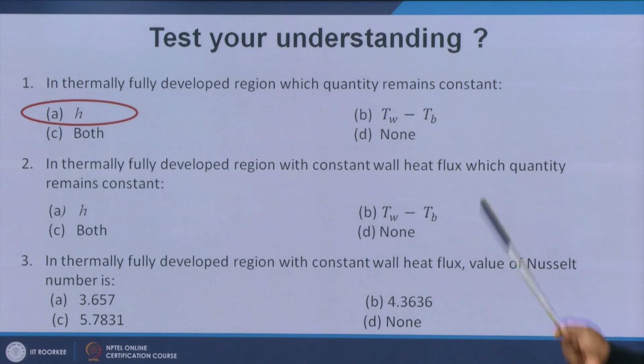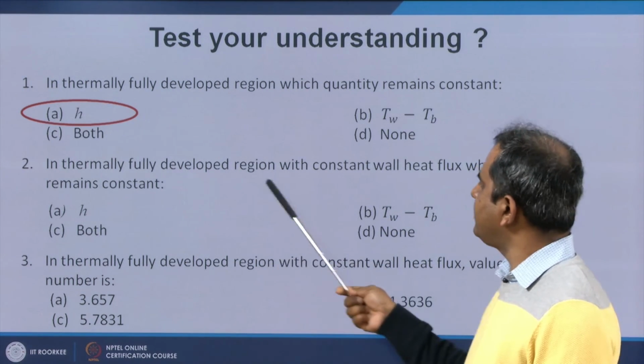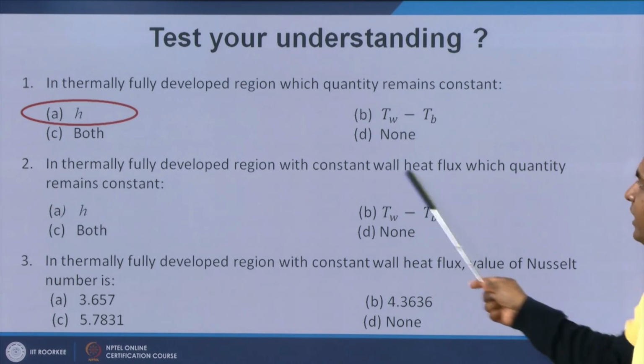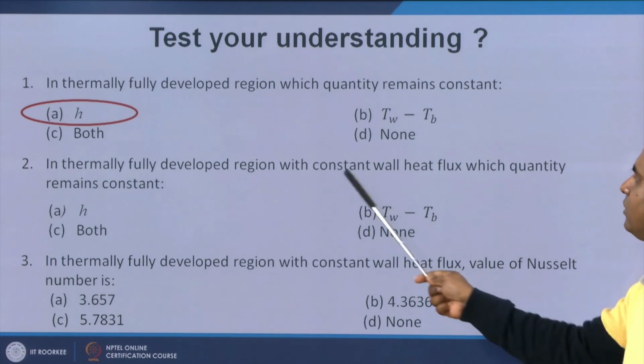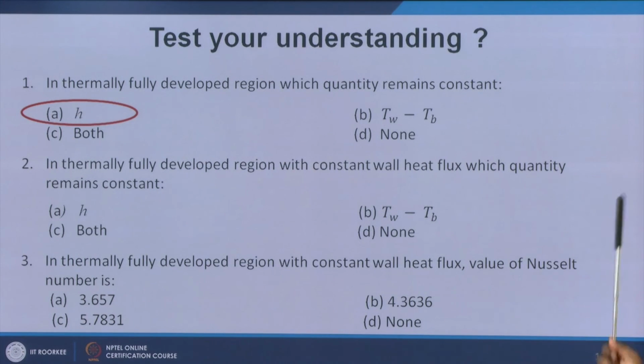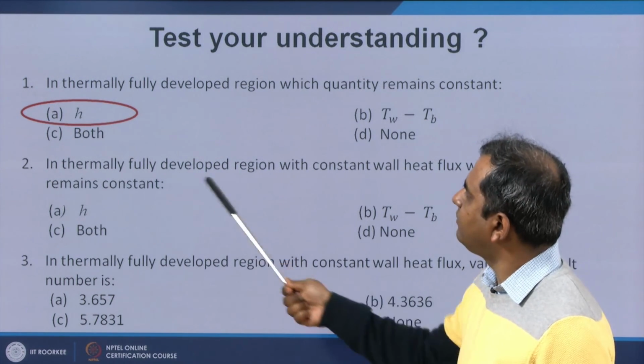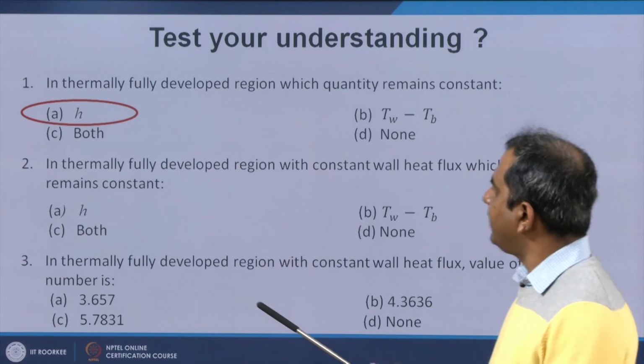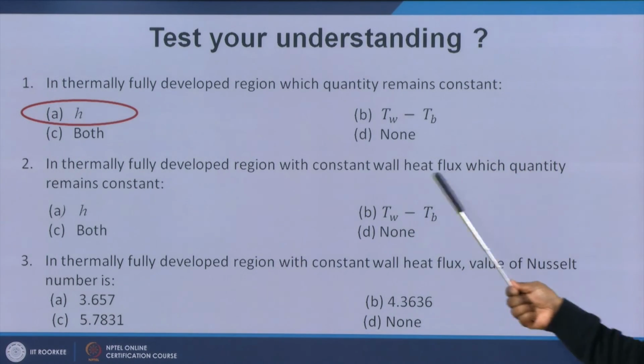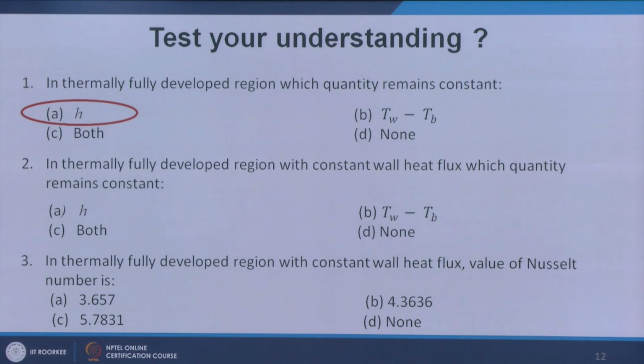Next question is related to this one only. In thermally fully developed region with constant heat flux, which quantity remains constant? Obviously as it is thermally fully developed region, H will remain constant, and due to the constant wall heat flux we have to find out something more.